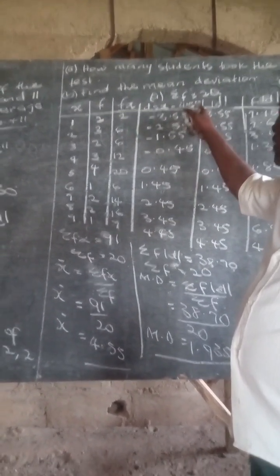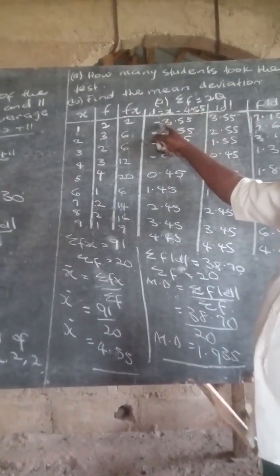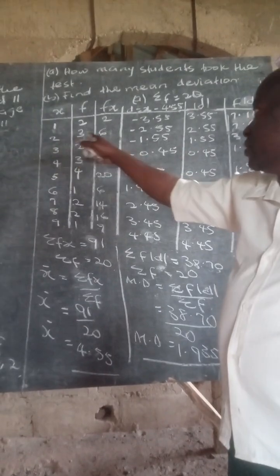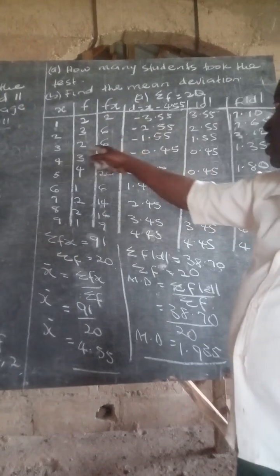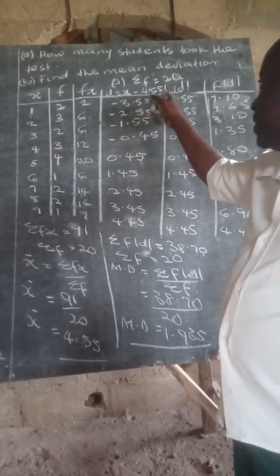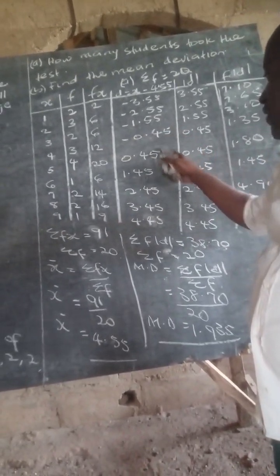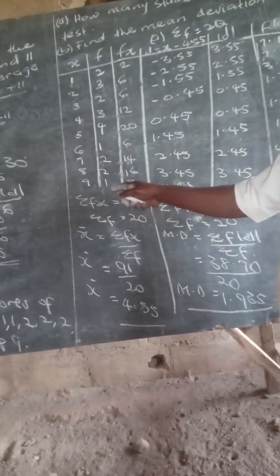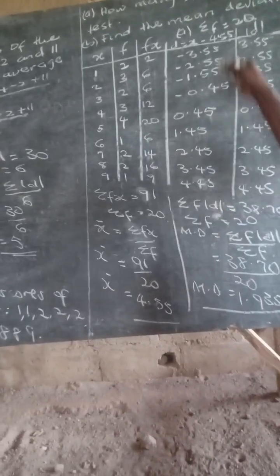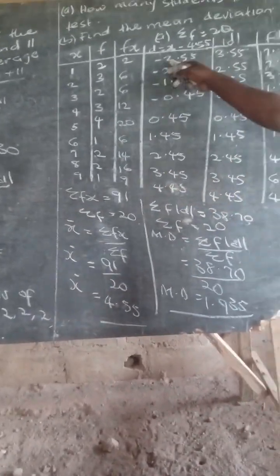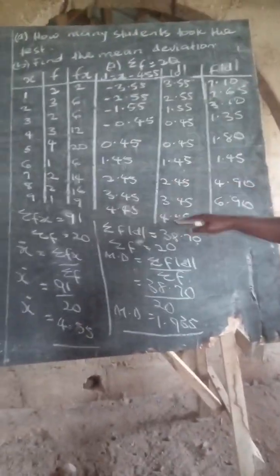We are subtracting 4.55 from X. 1 minus 4.55 is minus 3.55. 2 minus 4.55 is minus 2.55. 3 minus 4.55 will be equal to minus 1.55. 9 minus 4.55 will give us 4.45. Modulo deviation: all minus become positive. All positive, you retain them.